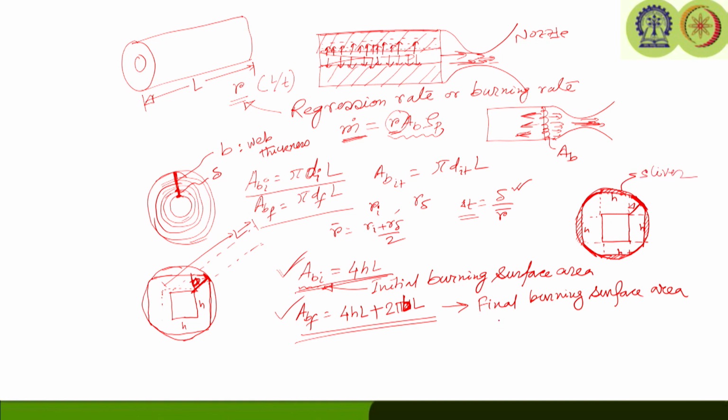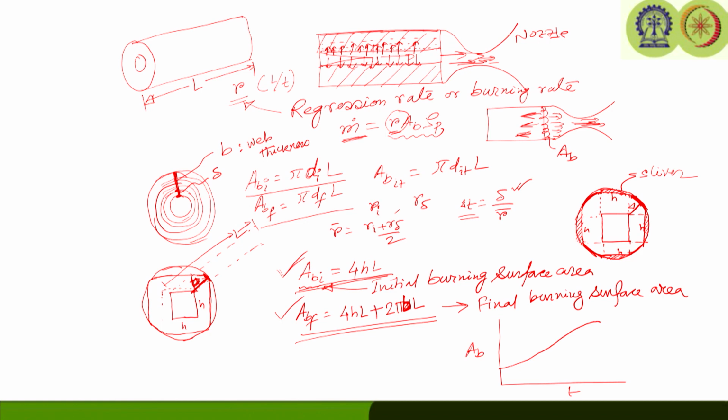So, if you look at the typical pressure time profile, or even if you just simply plot the burning surface versus time, initially it starts from the initial surface area and keeps on continuing till it reaches the final burning surface, and then if the pressure and temperature are high enough, the sliver may continue to burn.